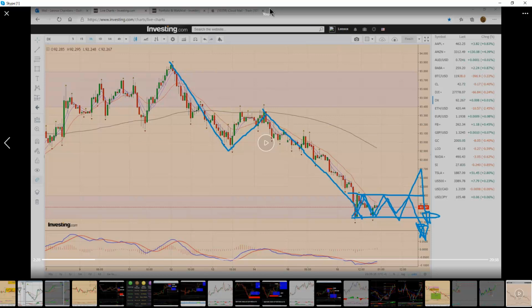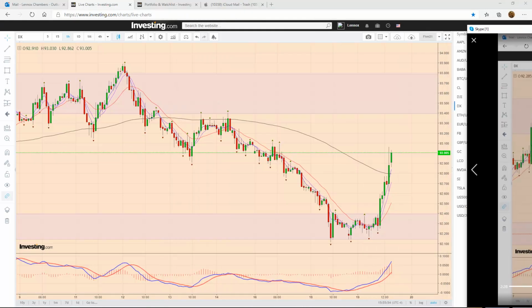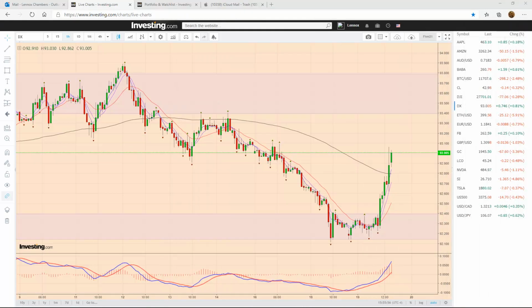All right, so that was a little snippet from last night's playbook. So let's see how it turned out. Now, later on in the playbook video analysis of the major pairs, I went over the fact that because we were at an area of support on the US dollar, and the major pairs were also at major areas of resistance or support, depending on which ones, we could get a bounce.